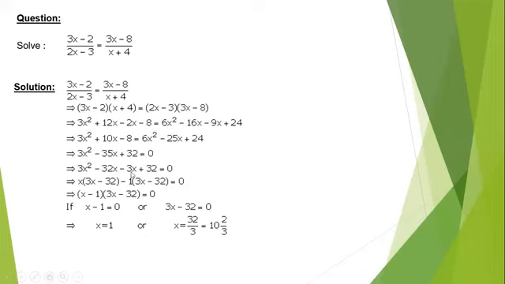So break this to minus 32x minus 3x. Take common. Combine the brackets. (x minus 1) into (3x minus 32) equal to 0. So two values of x we got. x equal to 1 and x is equal to 32 by 3, which is converted to mixed fraction 10 whole 2 by 3.